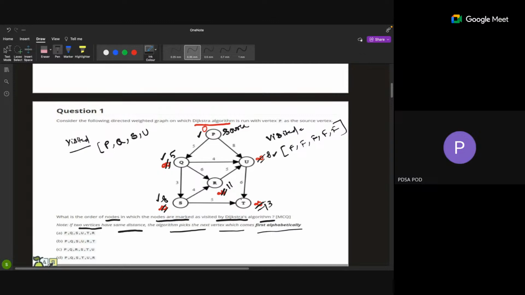Out of R and T, which one do you choose? R. So R comes next, and the last one is T.